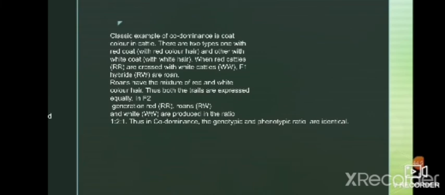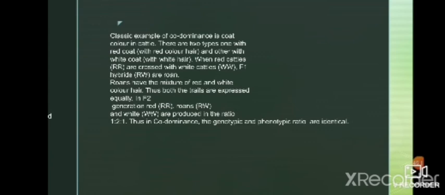And in codominance, the phenotypic ratio and genotypic ratio are the same, that is 1 as to 2 as to 1. That is proved by cattle in codominance. A classic example of codominance is coat color in cattle. Here we explain this codominance. There are two types, one with a red coat with red hair and the other with white hair.